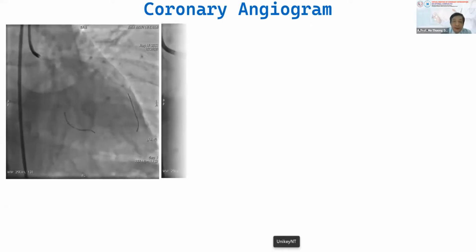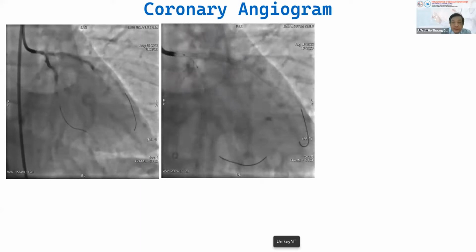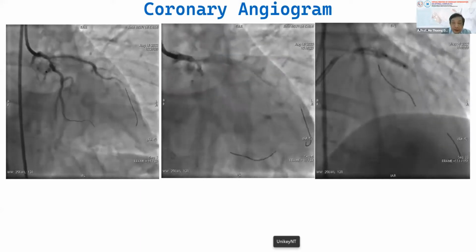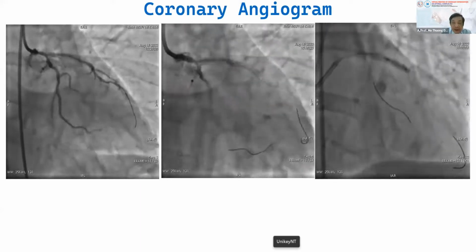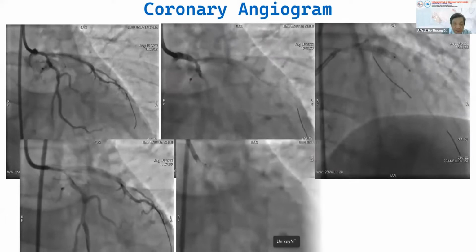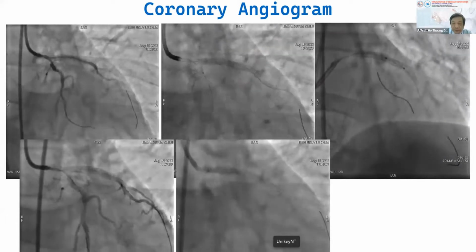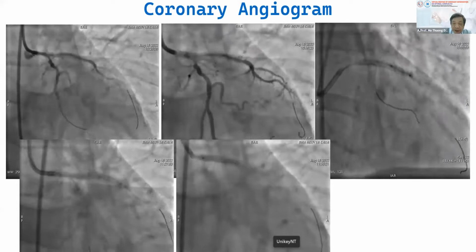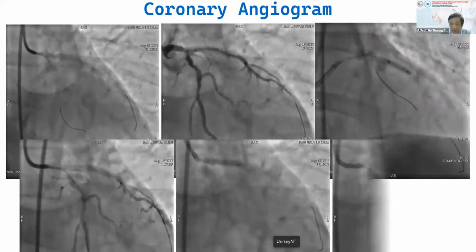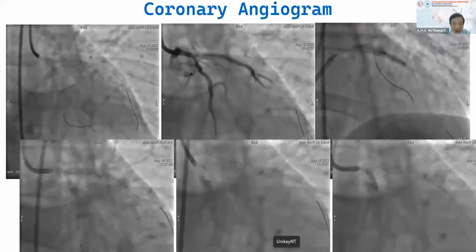About the LAD, first I use the cutting balloon, a scoring balloon to prepare for in-stent stenosis. And I prepare stenting for the bifurcation of the distal left main.